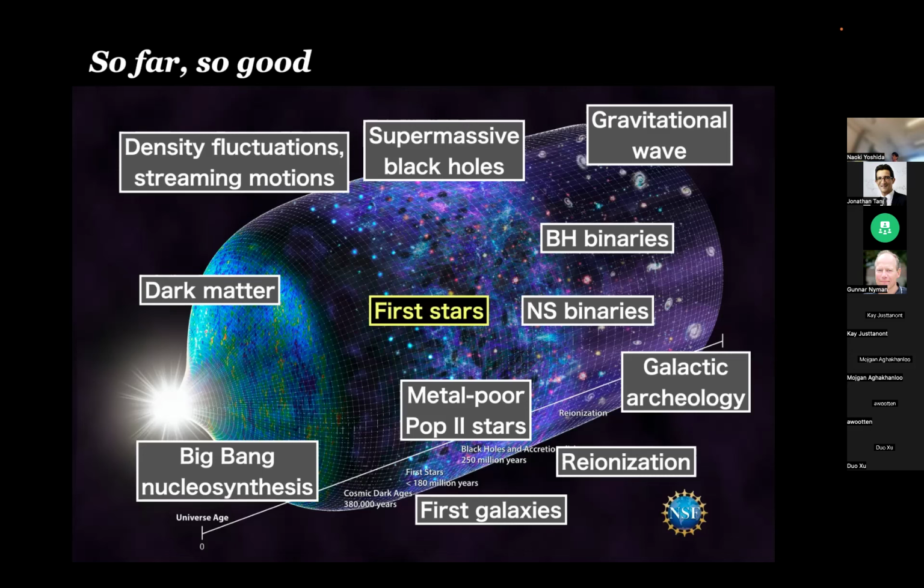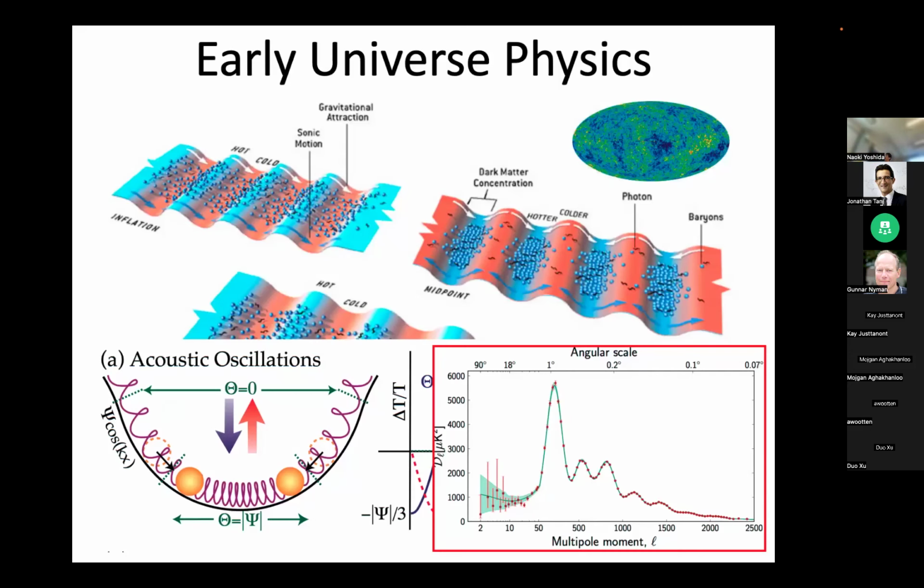Now, so far so good, but I missed one important piece of information, and here is where cosmology enters. One important physics imprinted in the early universe is the baryon acoustic oscillation.